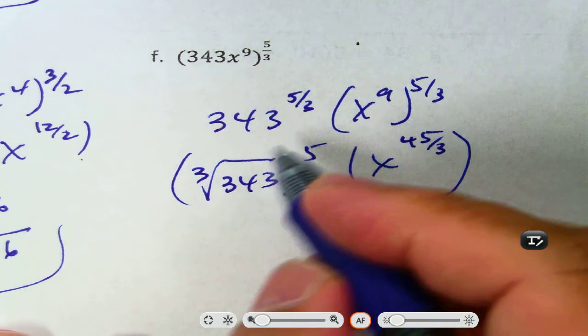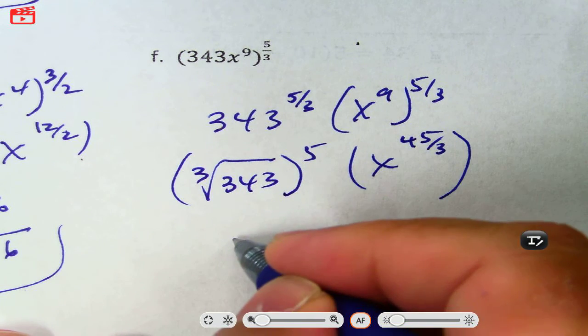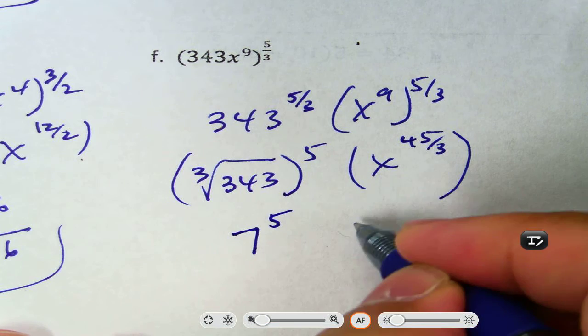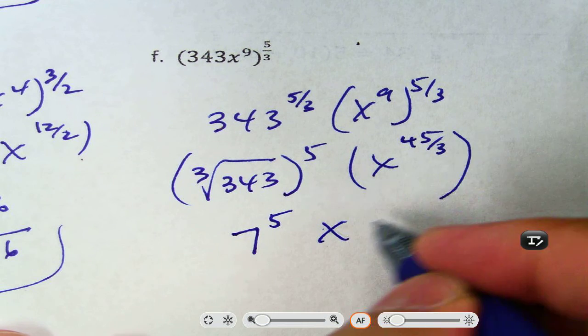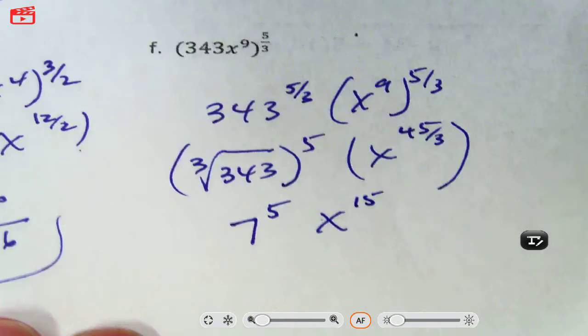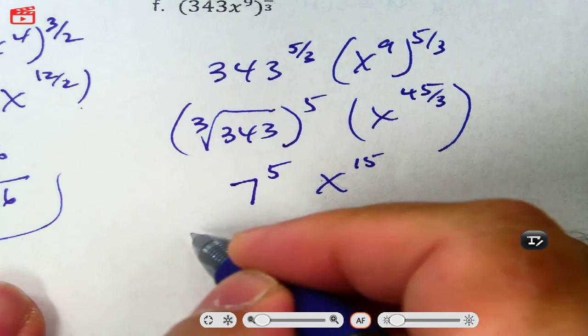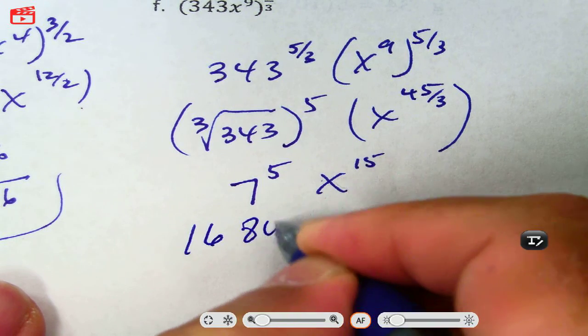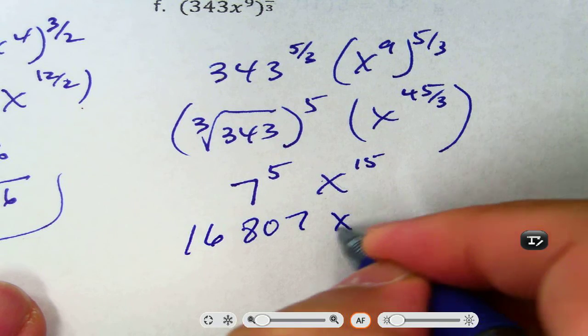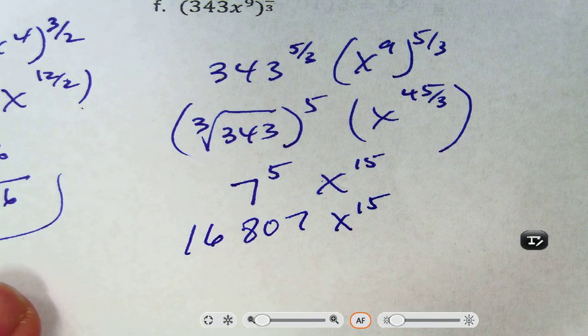All right, cube root of 343 is 7. Reduce that fraction, it's 15. Now, I do not know what 7 to the 5th is. This is my third time doing it today, and I still don't remember what 7 to the 5th is, so I'm just using the calculator. And it's pretty big, but it's still reasonable. 16,807 is what the calculator told me. And that's the answer.